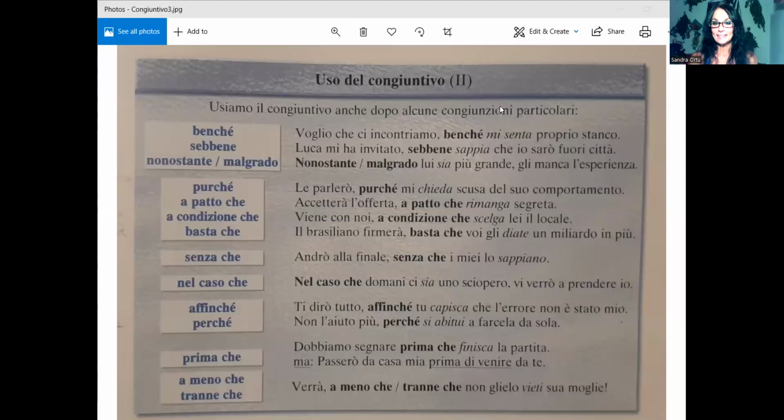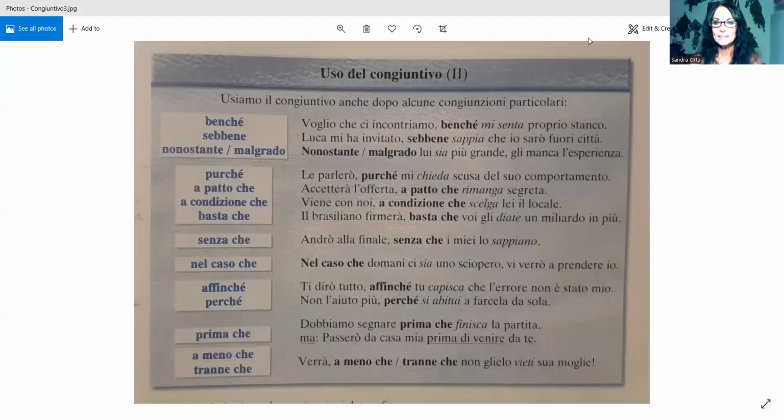Yes, so these are, again, some other words or expressions which are followed by subjunctive. So we've seen the first box with certain verbs, which are the ones that you're going to use the most, really. The second box with impersonal expressions.